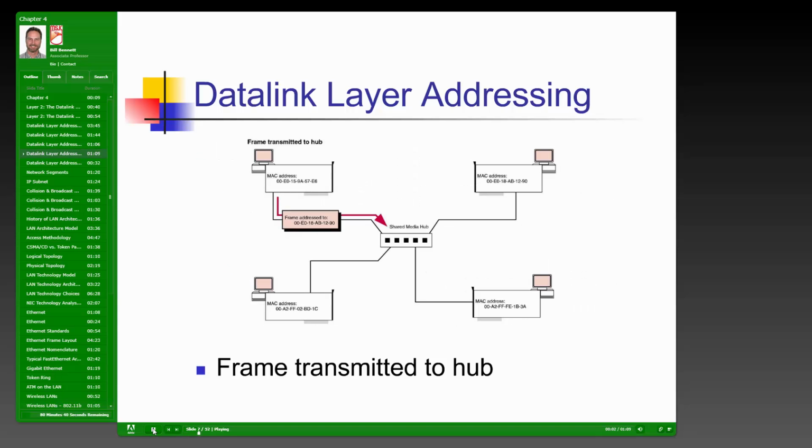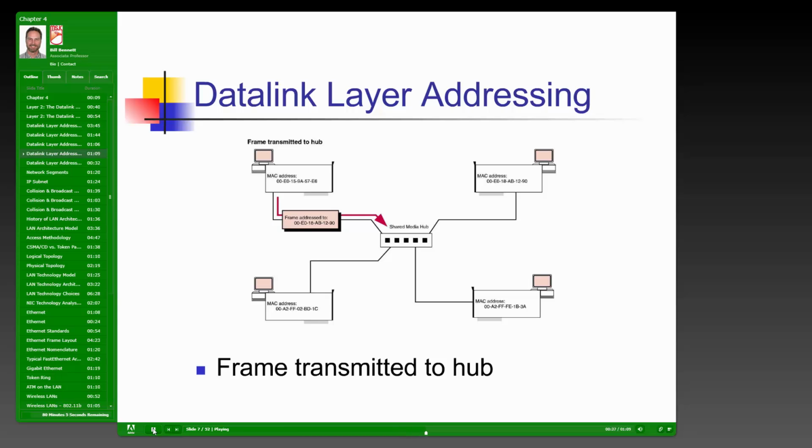So here's a graphic now to illustrate what we've been talking about with regards to MAC addresses. You can see that there are 4 computers, each computer having a network interface, and the white boxes overlapping on each of the computers show the MAC address for that computer's network interface. The computer in the top left is going to send a frame out onto the network, addressed to 00E018AB1290.